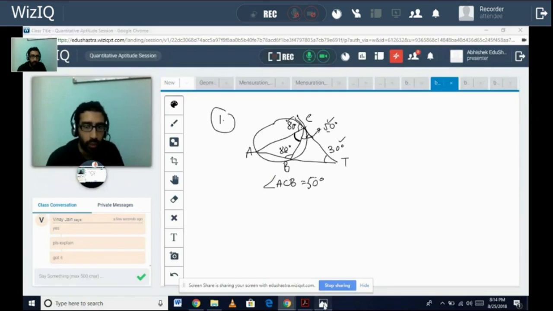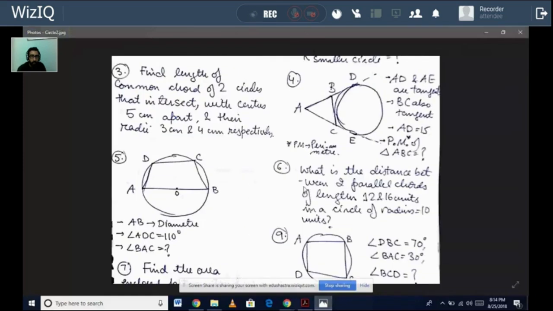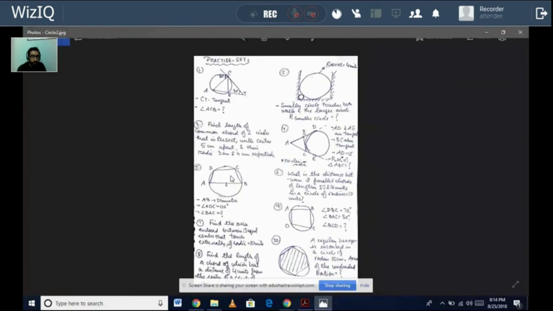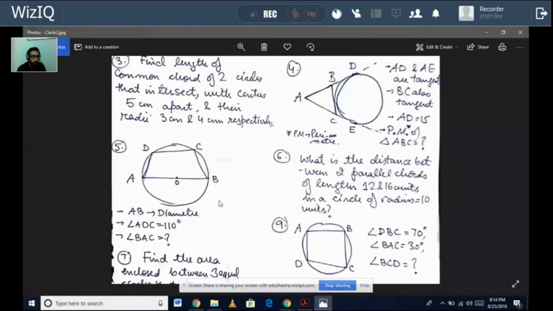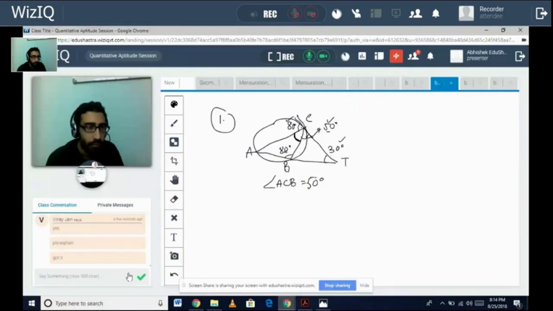Okay, cool. Any problems with question 4? I will discuss in any case. Any problems with question 5? Question 5 is very simple. You need to use the property of cyclic quadrilaterals.